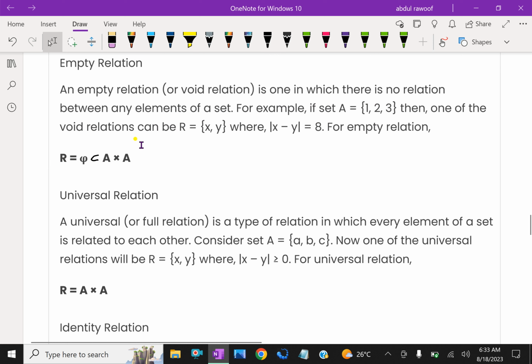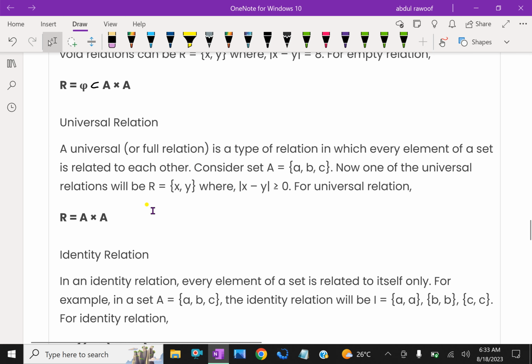Then one of the void relations can be R equal to {(x, y)} where the modulus of x minus y is 8, the empty relation, because it holds for no numbers here. The empty relation is R equal to the empty set, which is a subset of A cross A.